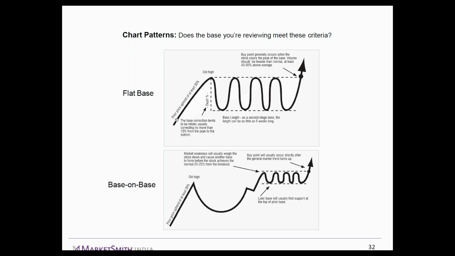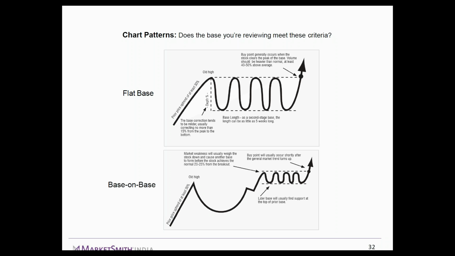The stock will have a prior uptrend of 30%, then it will form a high, and after forming a high there would be a correction. The difference among the patterns is obviously the shape, and secondly the correction percentage and the length of the base.